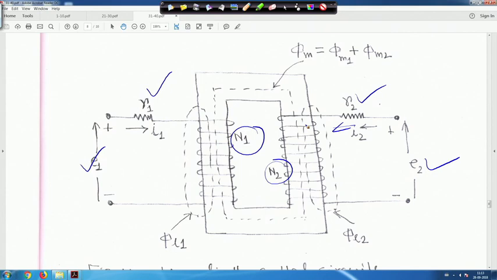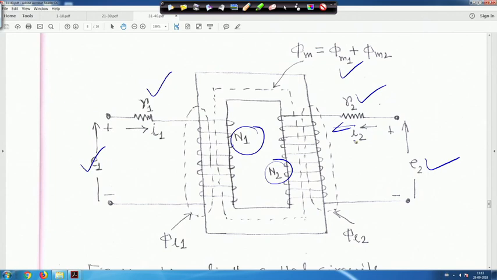Now whenever current flows through this coil, part of the flux will link this coil N1, and part will link the second coil, whose number of turns is N2, that is the mutual flux. So that is phi M1 because of this current.